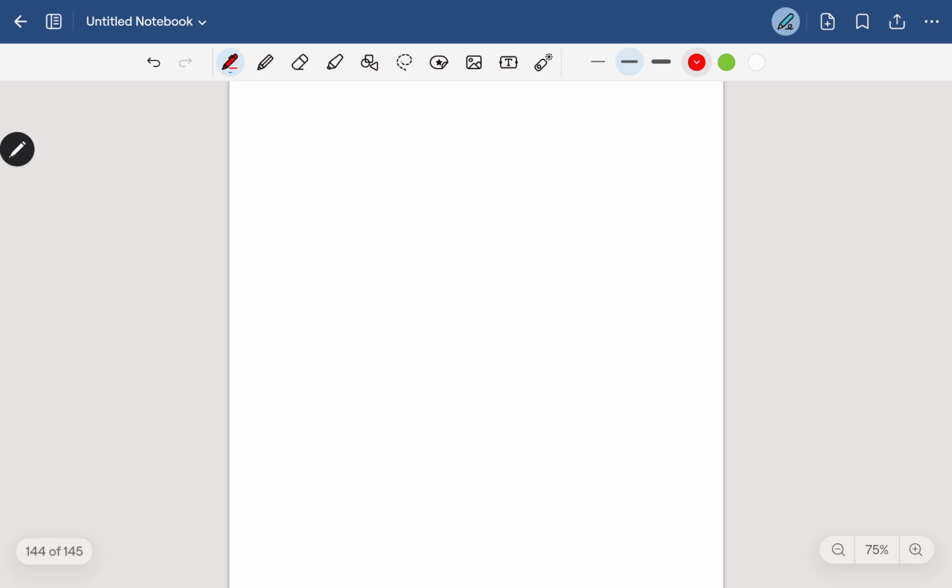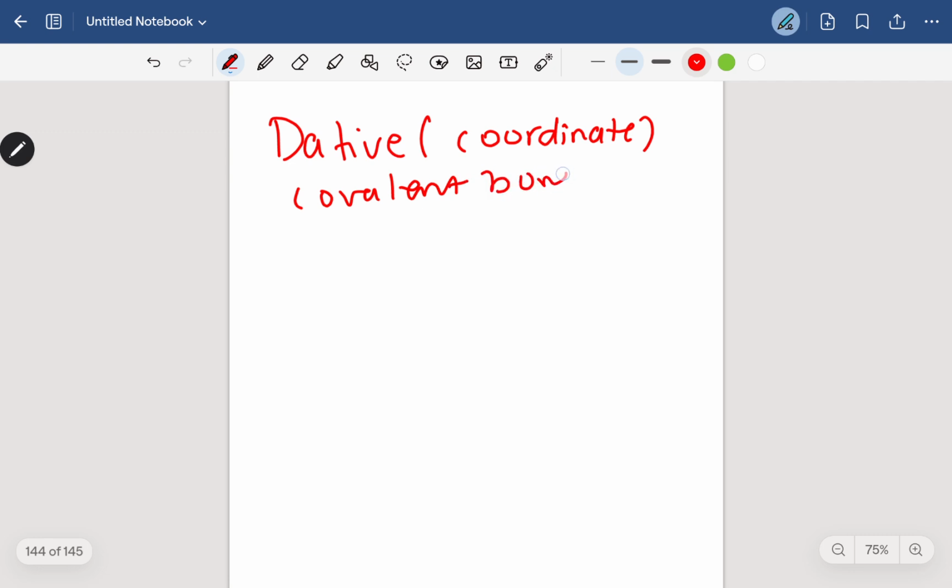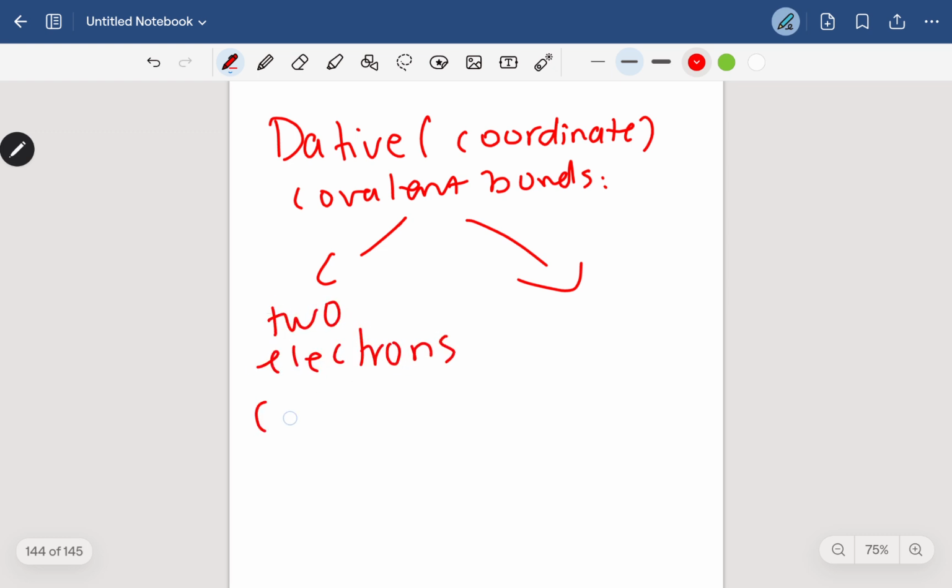Now the last topic we will discuss in chapter 8 is called dative or coordinate covalent bonds. What about these dative coordinate bonds is that we have 2 definitions for them. The most common one is that there are 2 electrons coming from the same element in a bond.